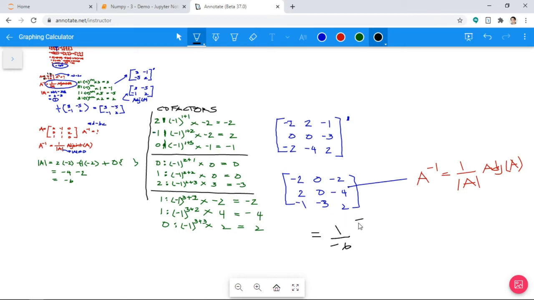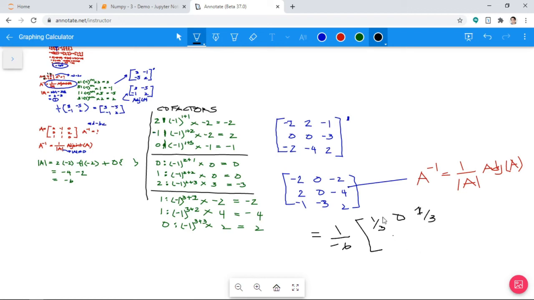So let's write the matrix here. 1 over 6 times negative 2, if we simplify, this one is 1/3. Then this one is 0. This one is 1/3 also.